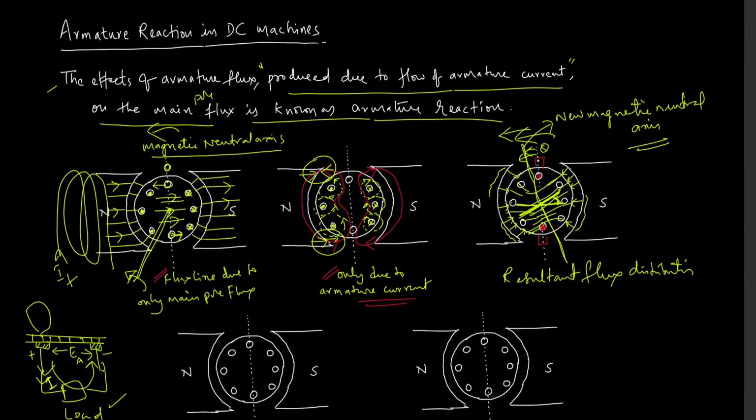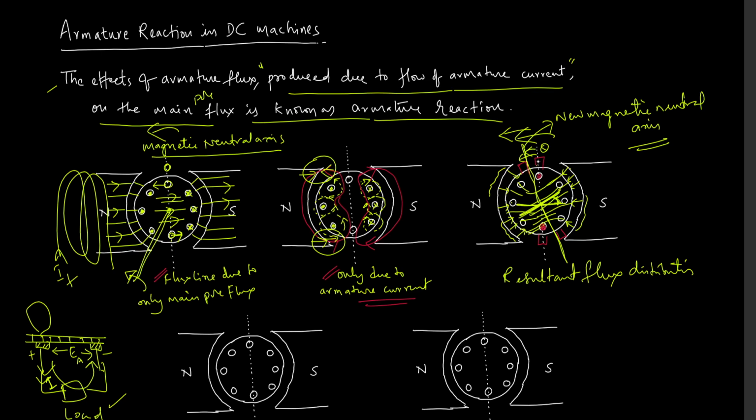If I place the brushes at this point, then as the loading of the machine takes place, the magnetic neutral axis shifts. Then the brushes short circuiting a coil create a circulating current.